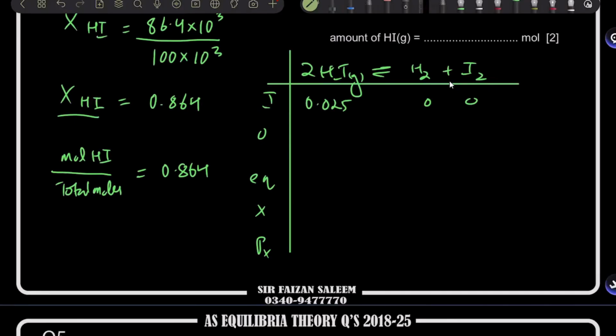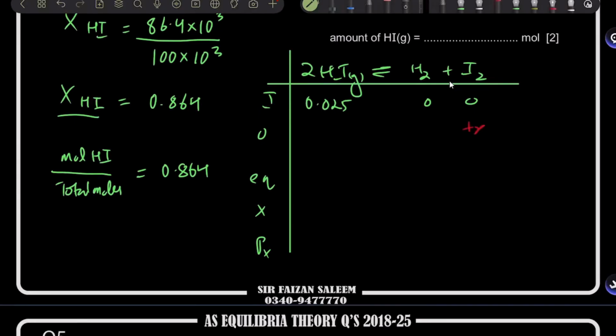Let's talk about the used moles. If x moles were used from HI, how many moles of H2 and I2 will be formed on the other side? X over 2, half the moles. To make my calculations easier, can I go in reverse?